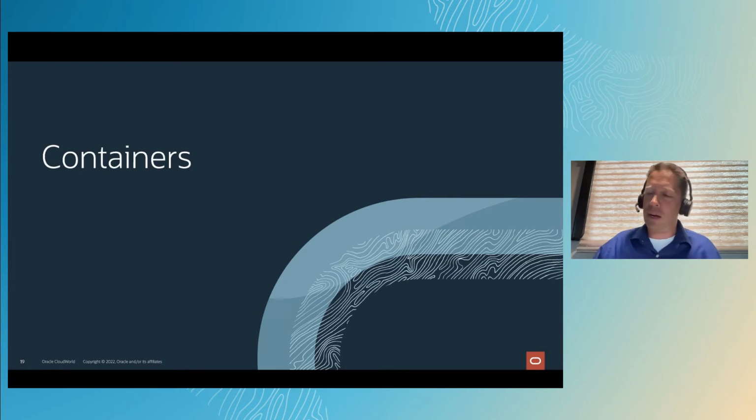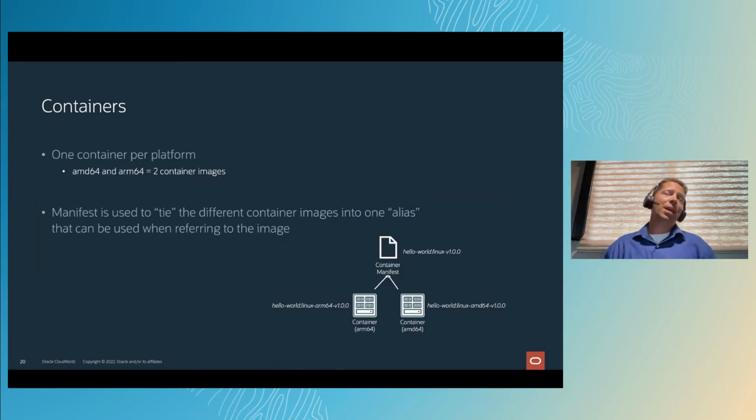Shifting gears a little bit here. When we start talking about containers in a multi-architectural world, what we typically will have is a single container for a single platform. So for instance, if we're developing for both AMD64 and ARM64, we'll have two container images. We don't want to have to reference each of those container images individually.